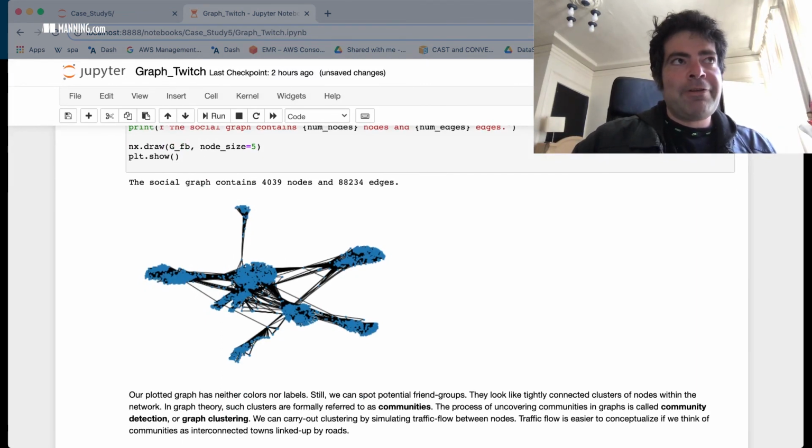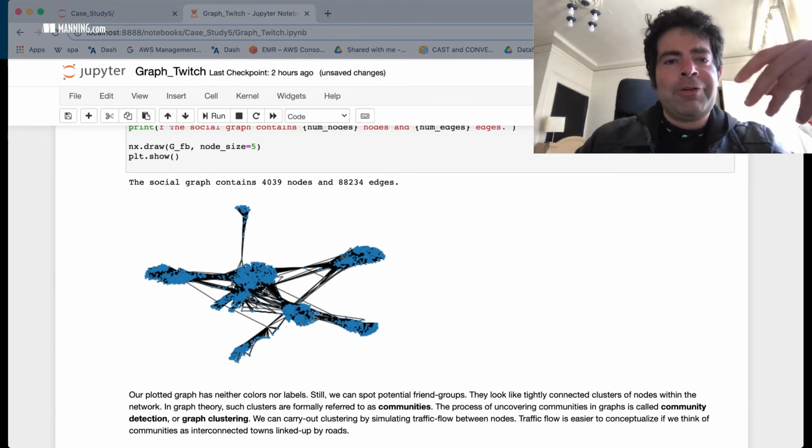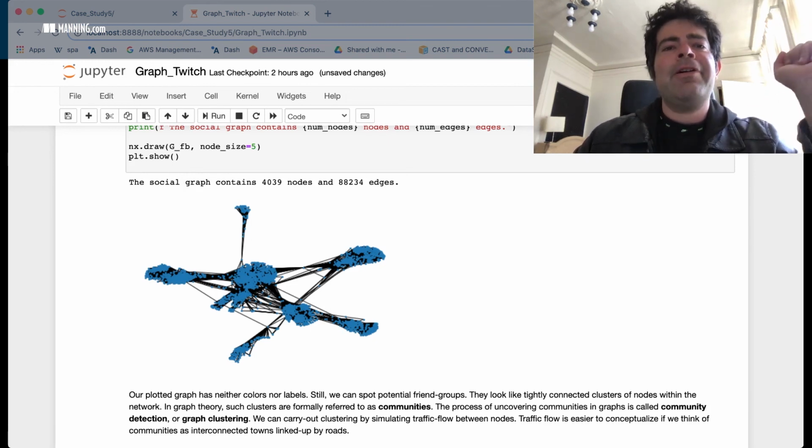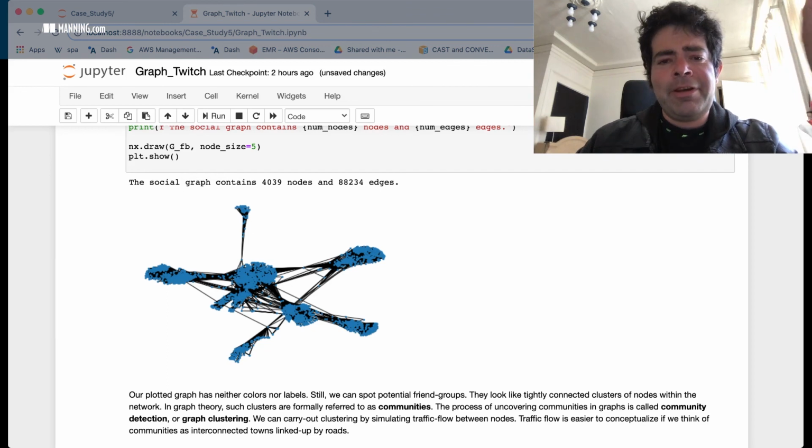Let me just quickly scroll up to remind you what the network looked like initially before any sort of clustering and coloring. We see these tight community clumps in the network, which we believe to correspond to social circles.